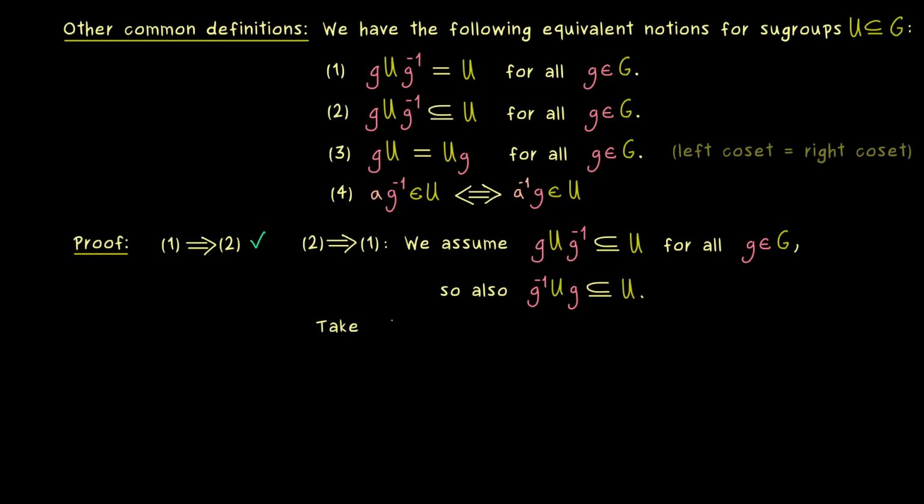However, maybe the whole thing is easier to see if we go to the element level, so let's fix a U in our subgroup U. And since we have the subset relation above, it also tells us that we find a V in U as well. This means we have our U in the combination on the left hand side, and this is equal to the V on the right hand side. So this is exactly what the subset relation tells us.